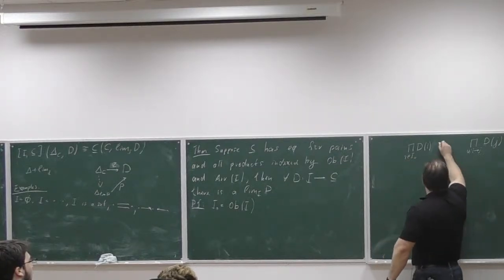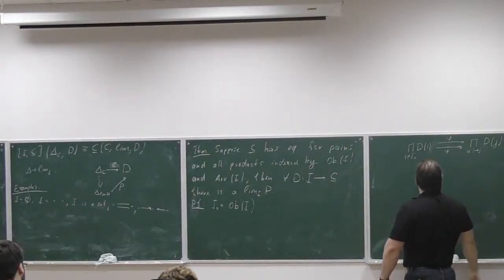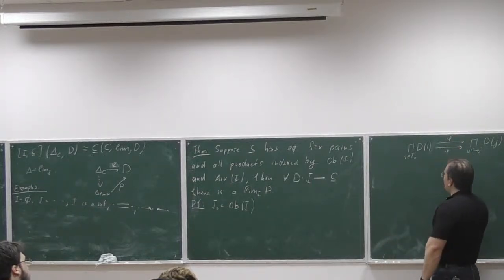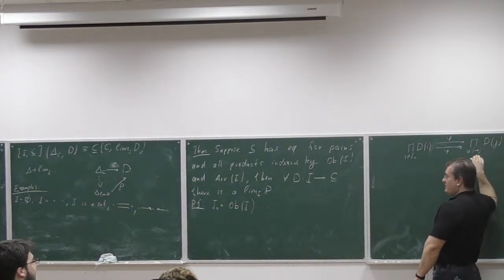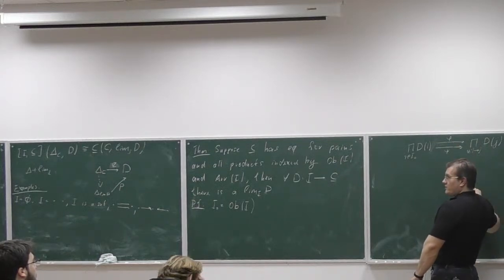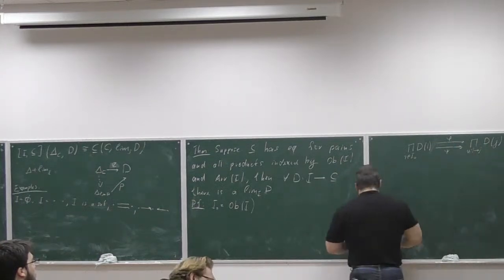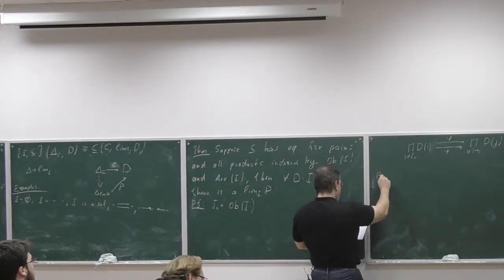Okay, there are two maps here, phi and psi. If I want to define a map to the product, it's enough to define this for the components, right? If I know the map phi, it's the same thing as knowing the composition of phi with any projection here. So this makes the following definition meaningful.